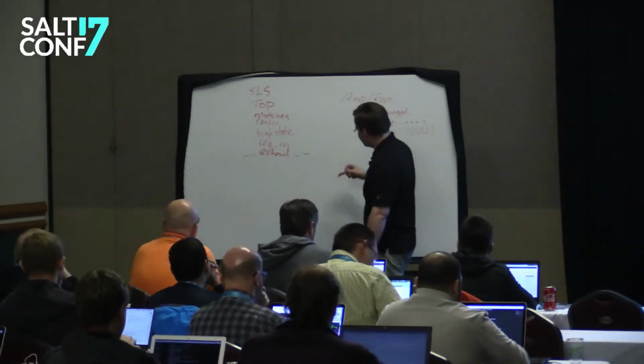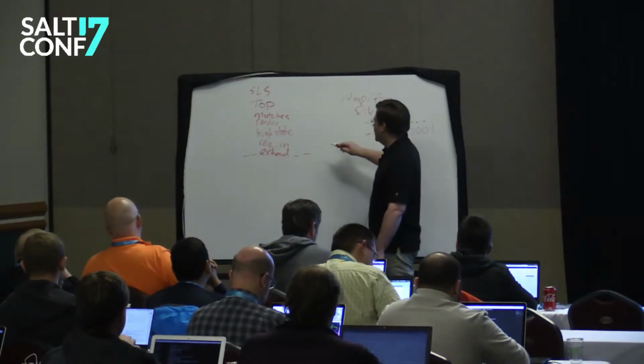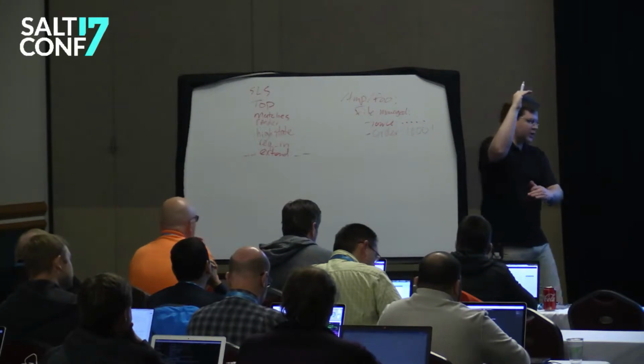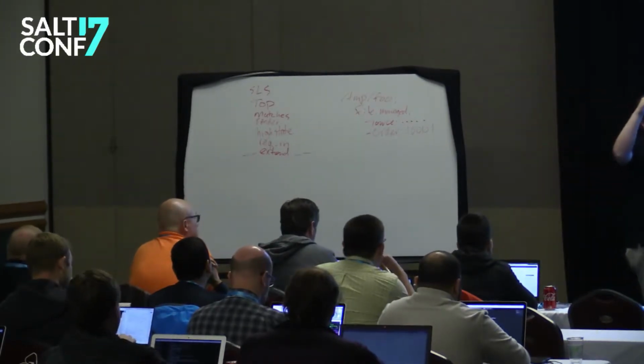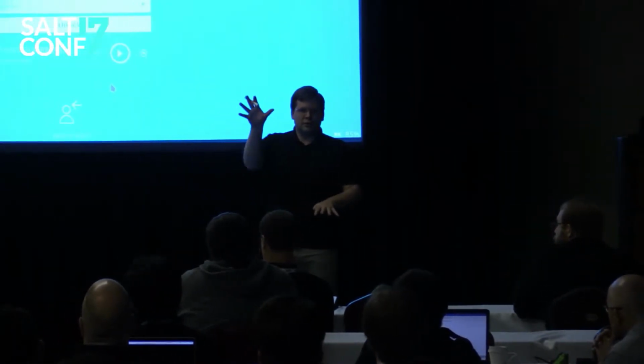And then we evaluate the extend. The extend is now an extra dictionary which has all of these references in it. It goes through the extend and compares it with the body of the high state, changes the body of the high state data set in line to be what the extend says, and then deletes the extend. Okay?